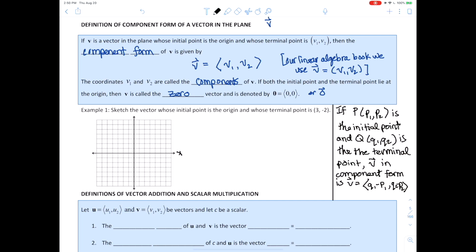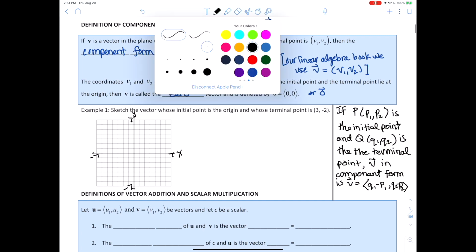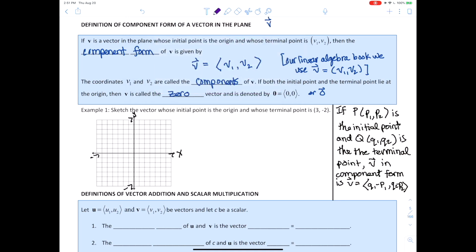Let's name our axes. We've got x and y. I think if we do our scale of just 1 for each box, it's 7 to negative 7. So let's draw a picture of this. Our example calls on us to sketch the vector whose initial point is the origin and whose terminal point is (3, -2).